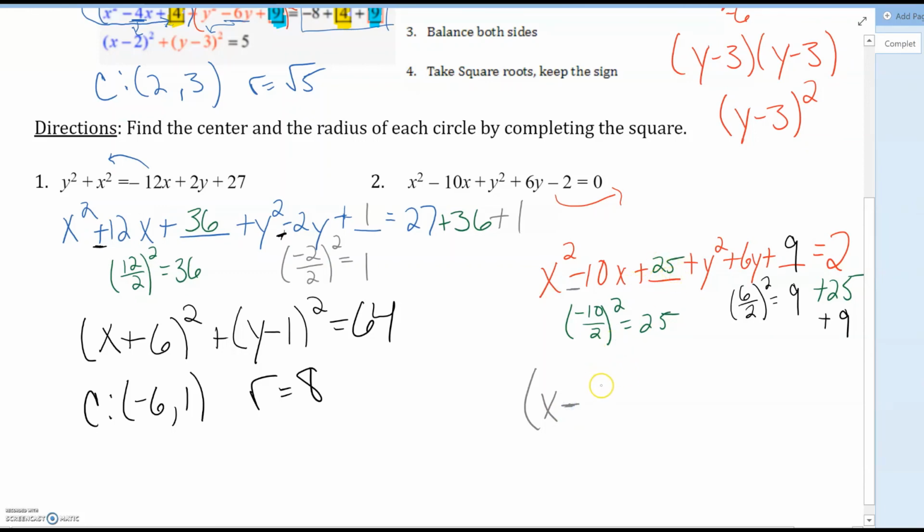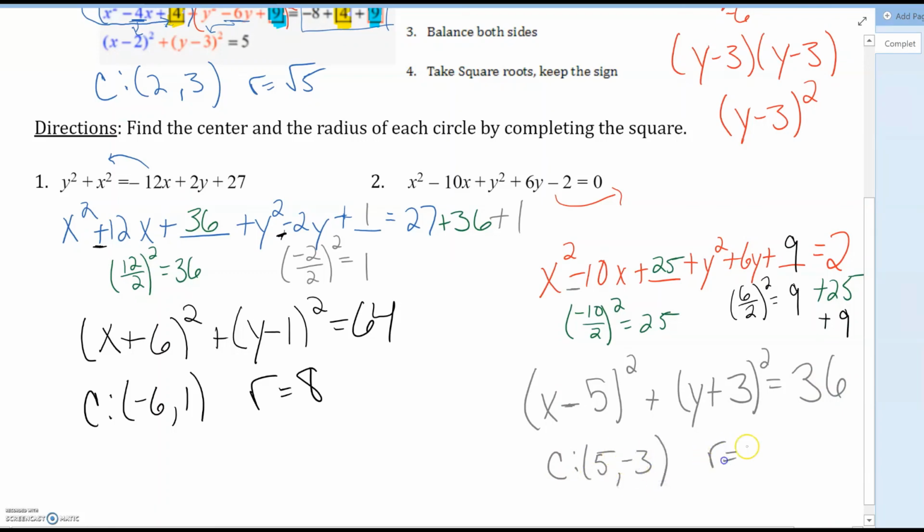Square root of 25 is 5, plus y plus 3 squared equals 2 plus 25 plus 9, which is 36. So my center is 5, negative 3. My radius is 6.